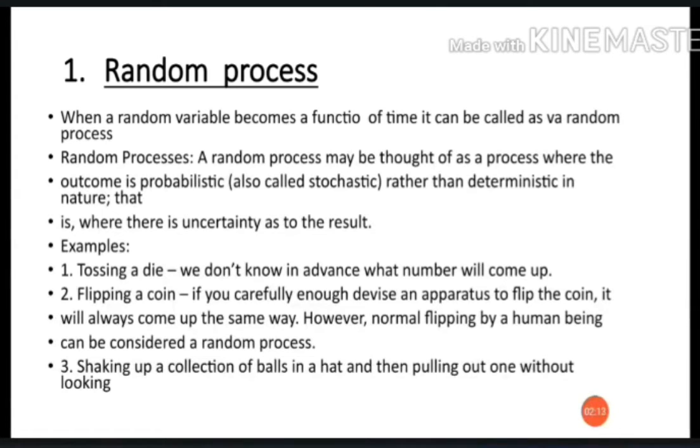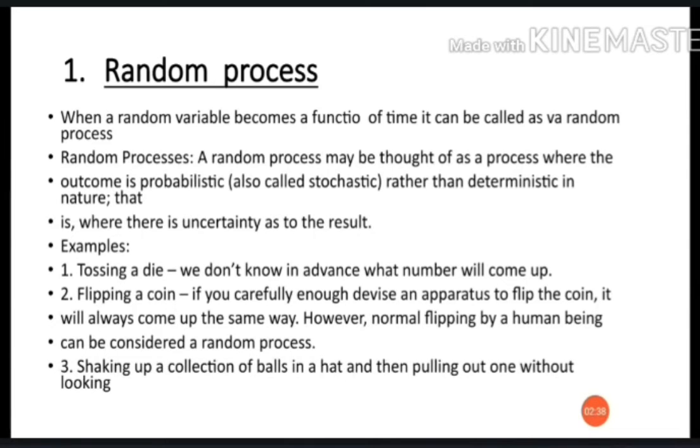That is where there is uncertainty as to the result. These are some common examples of the random process. Tossing a die, we don't know in advance what number we get. We have 6 faces for a die, which everyone knows. And flipping a coin is the universal example for the random process.